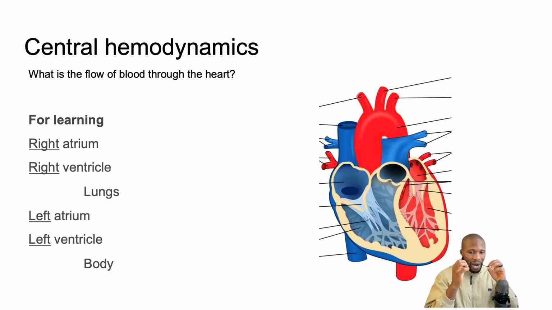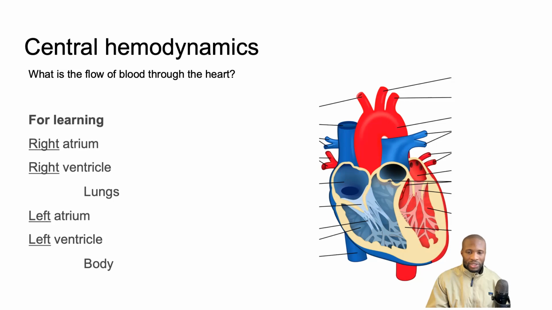So it's going into the right and left atrium together, and then to the right and left ventricle before it leaves. But as a drop of blood, and we're looking at a red blood cell, you're first going to enter the heart through the right atrium, and then you're going to go down into the right ventricle, and then you're going to make your way outside of the heart into the lungs.